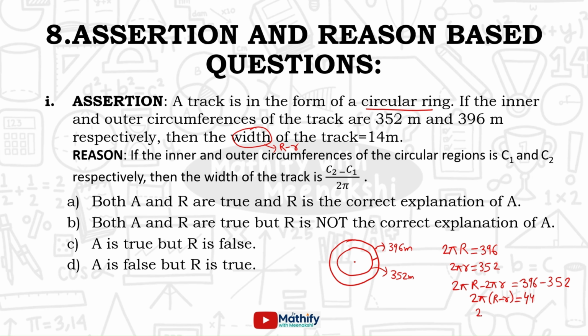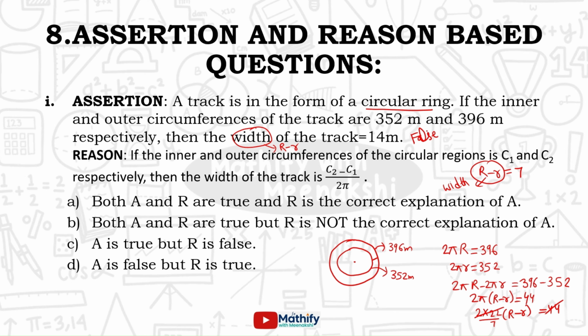Now 2 pi means 2 into 22 by 7, R minus r is equal to 44. You can cut 44 and 44. Now, what's your R minus r? R minus r is 1 into 7, that is 7. And this is width. So width is 7, but they said 14. That's why assertion is false.